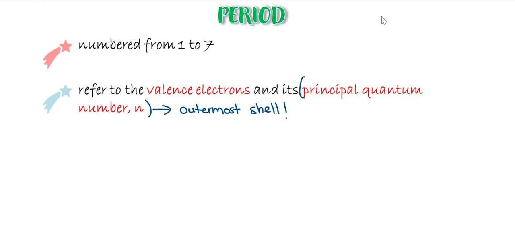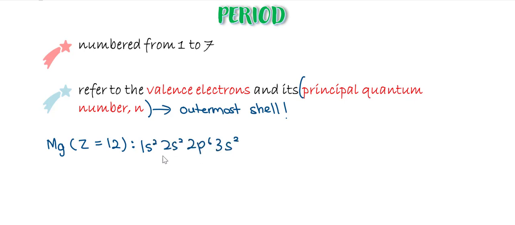Alright, so for example, if we have magnesium, the proton number for magnesium is 12. The electronic configuration for magnesium is 1s2, 2s2, 2p6, 3s2, so we have 12 electrons. Magnesium is in the s block because the last electron is filled in the 3s subshell.